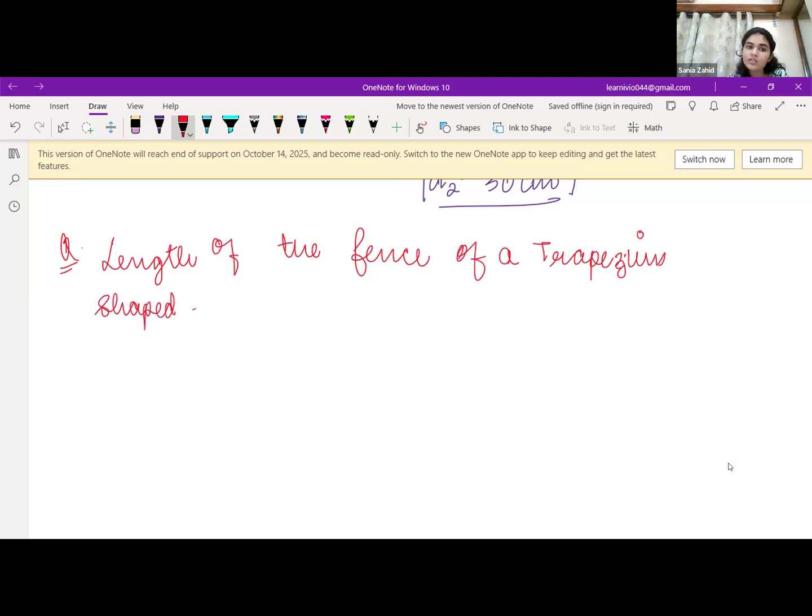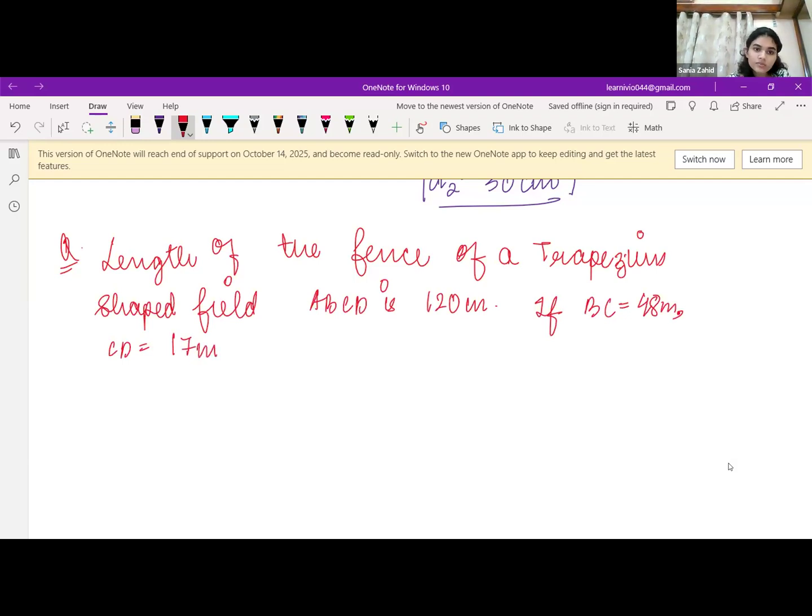shaped field ABCD is 120 meters. If BC is equal to 48 meter, CD is equal to 17 meter, and AD is equal to 40 meter, find the area of the field.